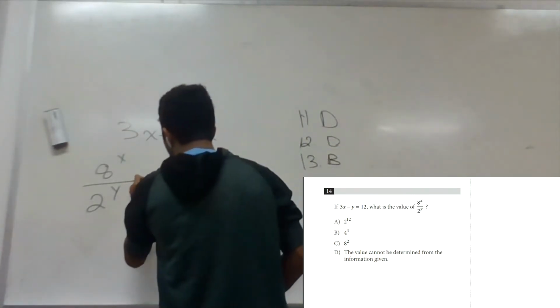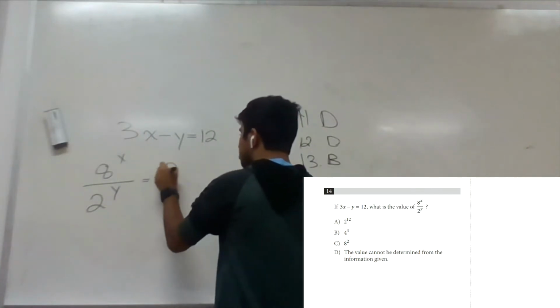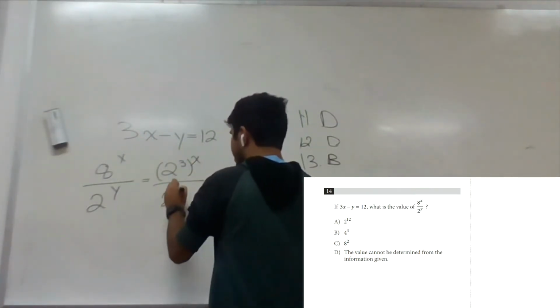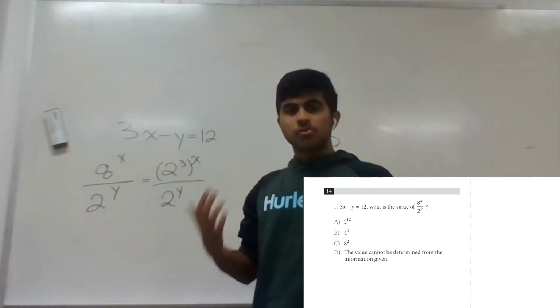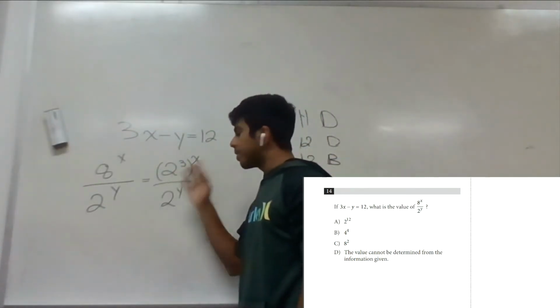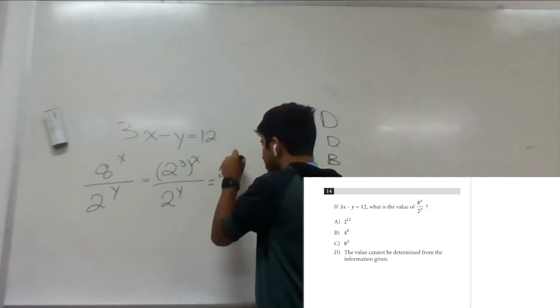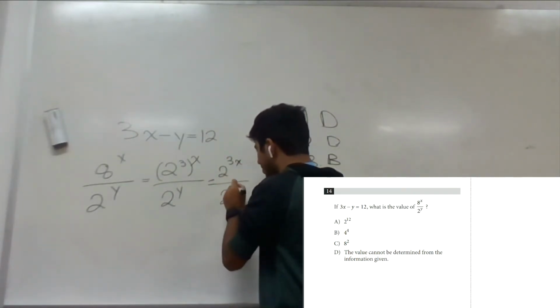So we know that 8 is 2 to the 3. So (2 to the 3) to the x over 2 to the y. Now if you remember our exponent rules, we know that (2 to the 3) to the x is just 2 to the 3x. This is 2 to the 3x over 2 to the y.